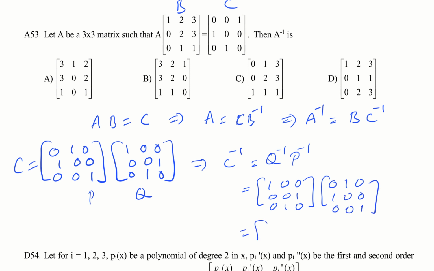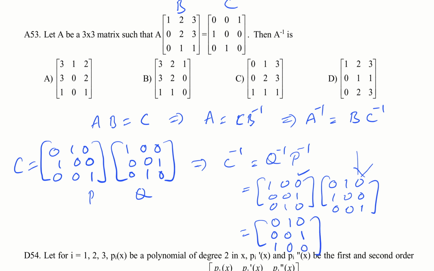So if I multiply, we know that the characteristic of this matrix is interchanging the last two rows of this matrix. So I get it as 0 1 0 0 0 1 1 0 0.